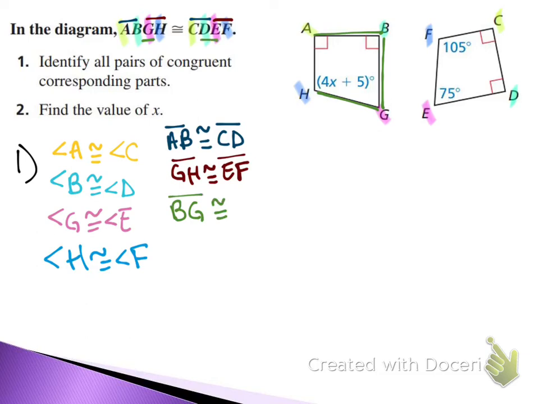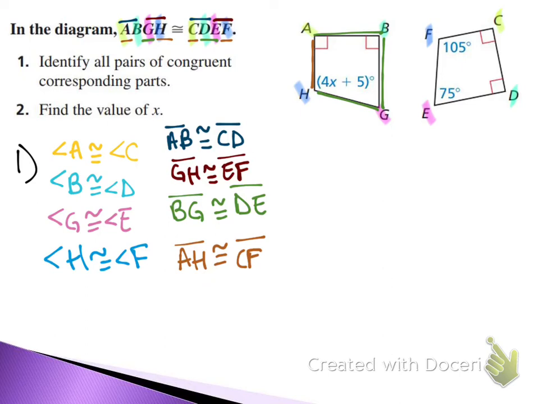BG is congruent to DE. And then we only have one side left. AH is congruent to AHCF, yes. AHCF.